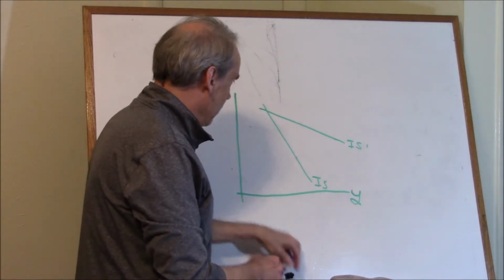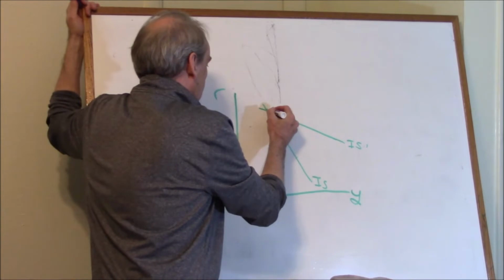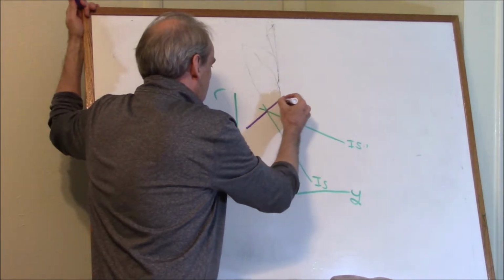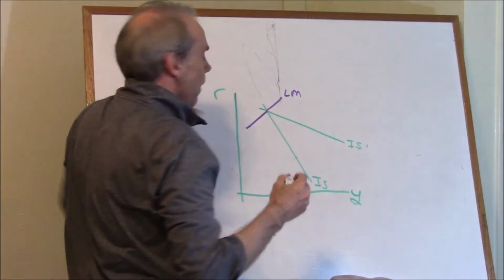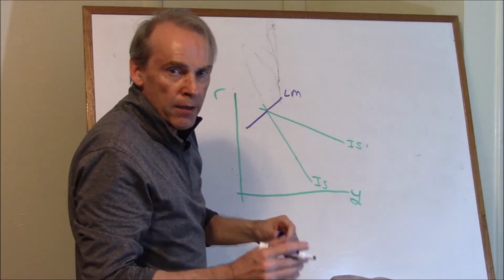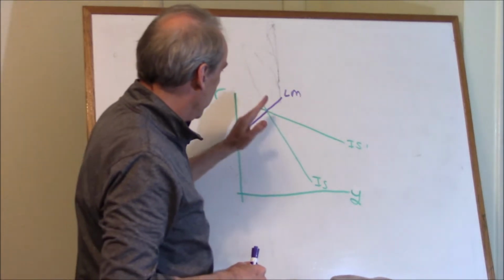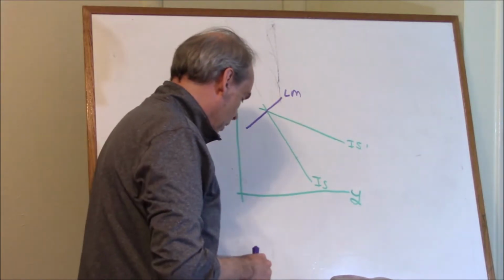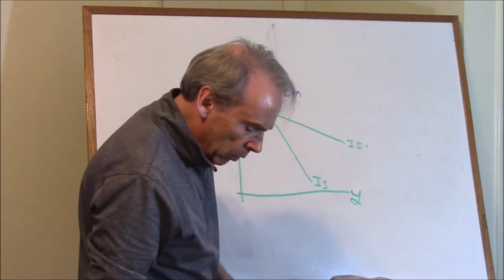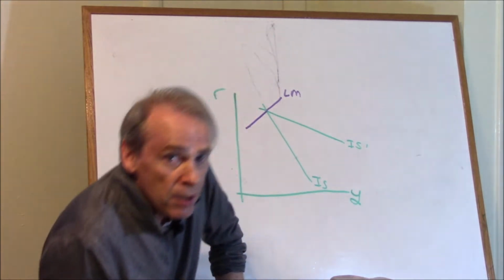And here's our LM curve right here. And we're considering shifting it to the right, okay? We're considering a monetary policy, or actually it'd be shifting it down, because to the right is, well, anyway, it works out the same way. We're considering a monetary policy stimulus.